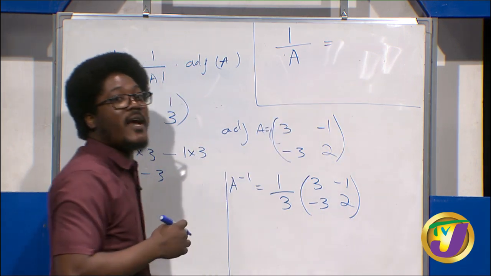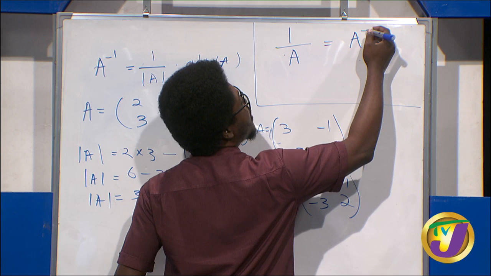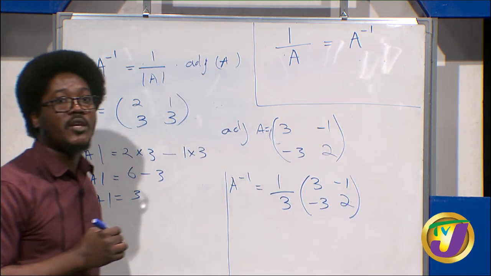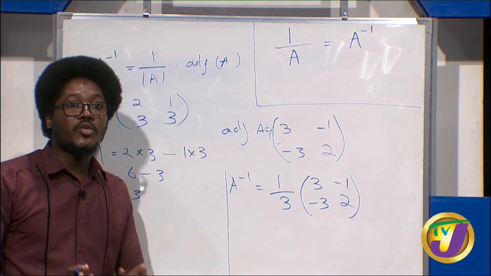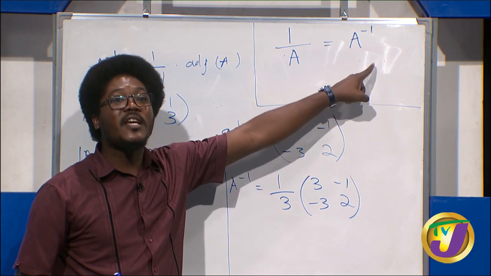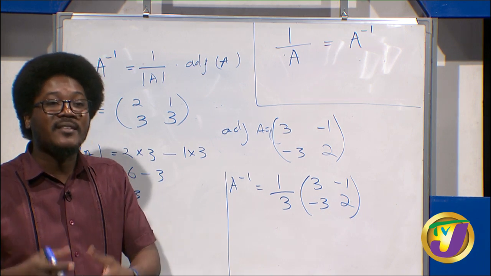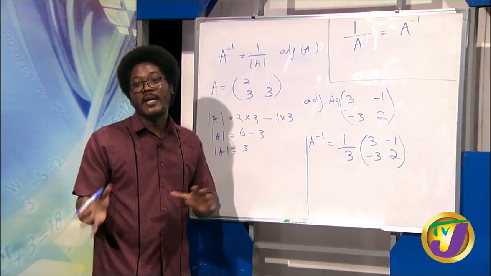If I write it in index form, it is the same as A to the power of -1. Now remember, in matrix we really don't divide, but we denote it A to the power of -1 to help us to understand that it gives us the same effect as dividing through by A.